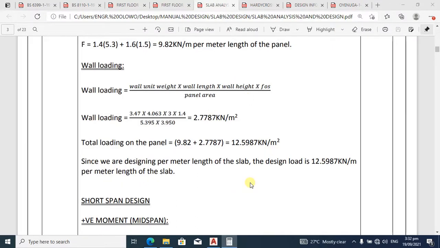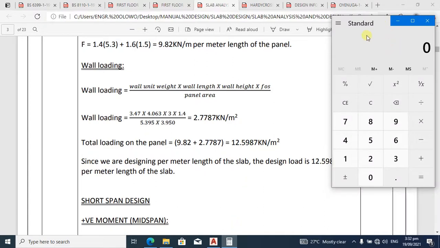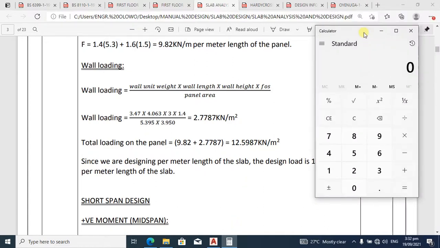Now the block we are going to use for the construction of this structure, let's say after weighing the block, we arrived at 25 kilograms, just for instance.